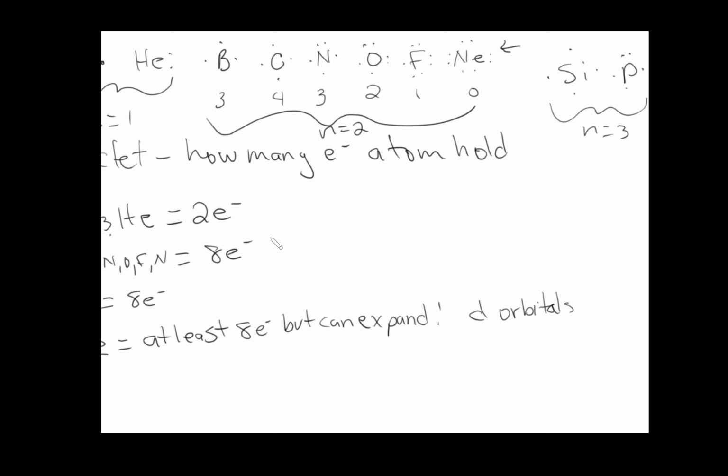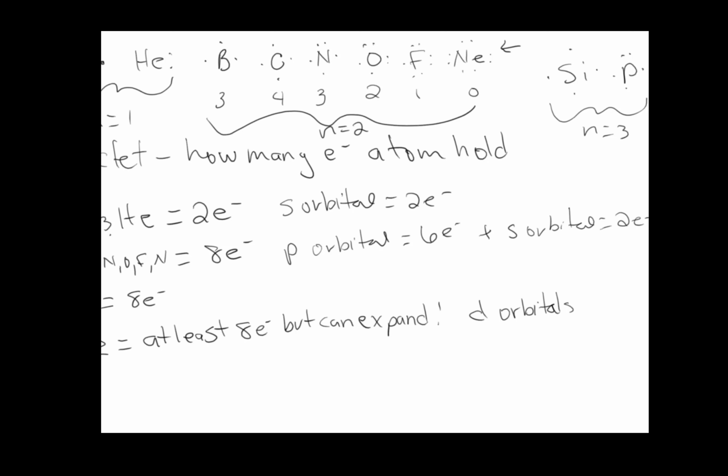Well, these guys only have an s orbital, and therefore the most an s orbital can hold is 2. These guys have a p orbital, and the most it can hold is 6 plus the s orbital, which is 2, for a total of 8.